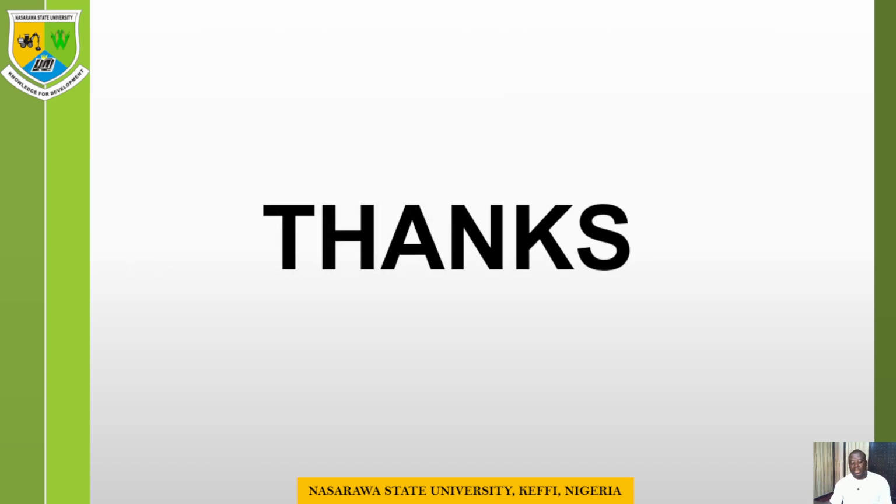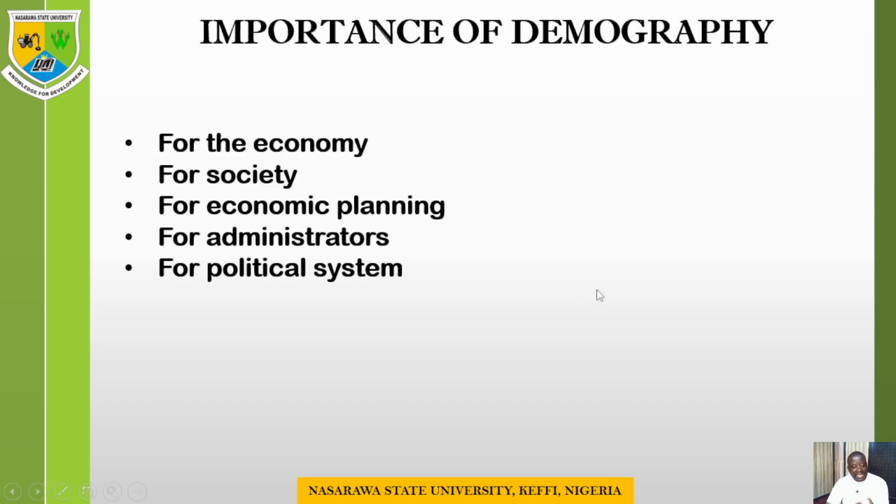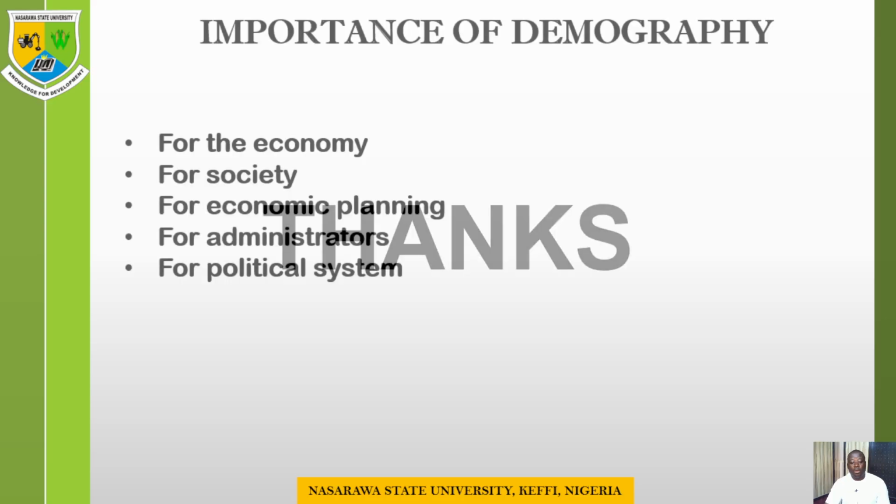Now we look at the importance. We also said that we use demographic data for economic planning, for society, for administration, and for the political system. Thank you. We see you in the next class.